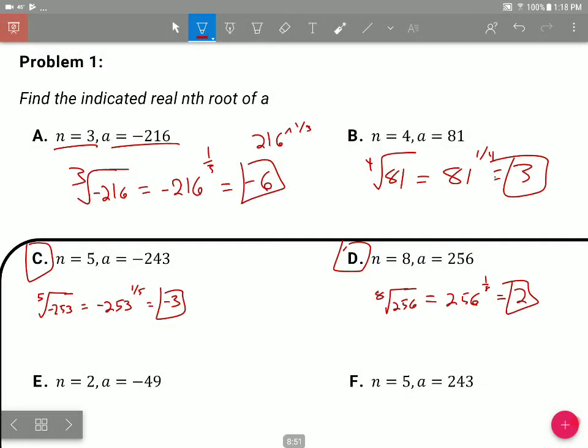Somebody do that for me real quick. Somebody actually type in -243 to the 1/5. Does it give you -3? Yeah, okay. It does. I didn't know. If you put it in as a negative, -243, like that in parentheses, that should work as well. You follow? You did it with the other one as well? Okay. So if it works, it works. Oh, did I write 53? My bad. Thank you.